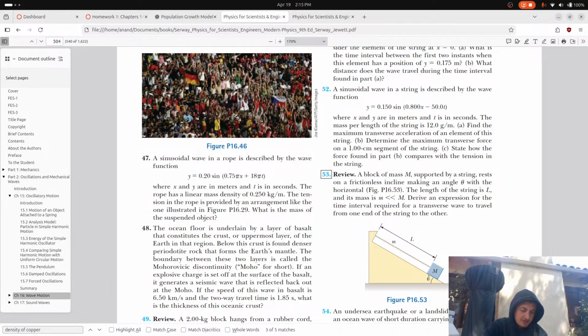Wait, this is the normal. This isn't the tension vector, this is the normal vector. So I believe the tension should be the y component, right? So tension should be mg cos theta.